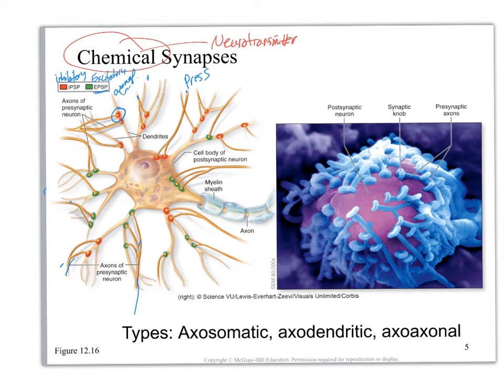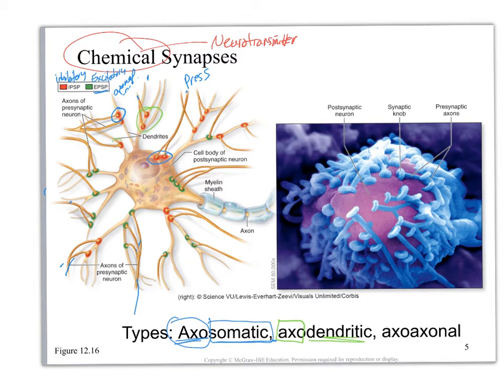Don't forget, with synapses, they can be axosomatic. So that's the axon synapsing with the soma or cell body, okay? So this would be an example of axosomatic. Or you can have axodendritic.